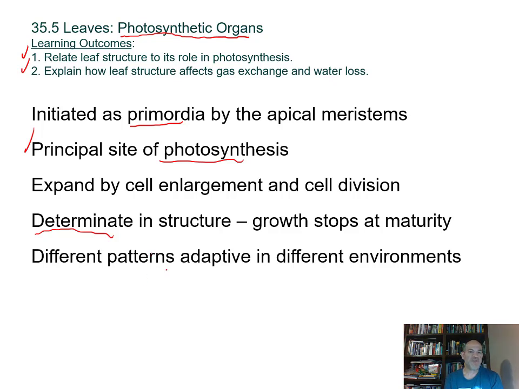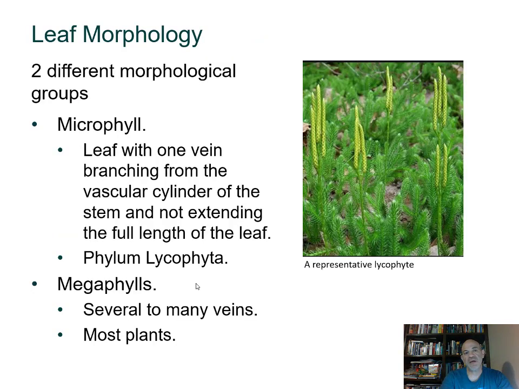So there are going to be different patterns of leaf structure that allow them to adapt to specific environments, if it's a dry environment or whatever kind of environments you find the plants growing in. So looking at the leaf morphology, there's two basic groups, morphologically speaking, and they're related to the evolutionary history, which was discussed in the prior chapters.